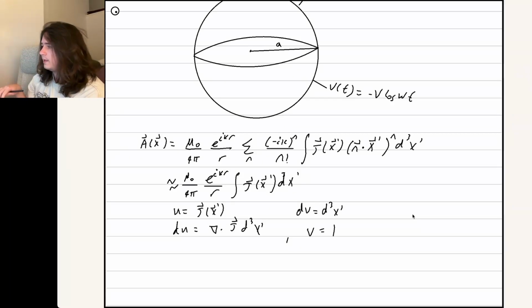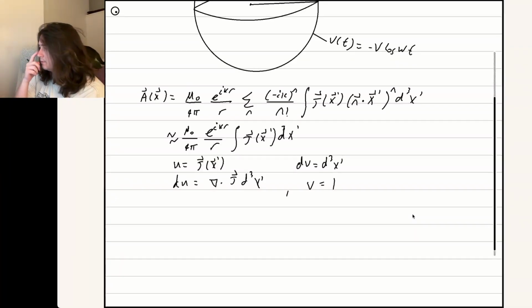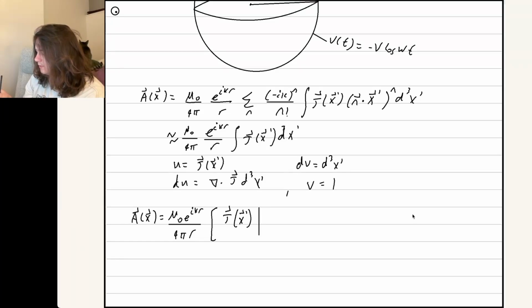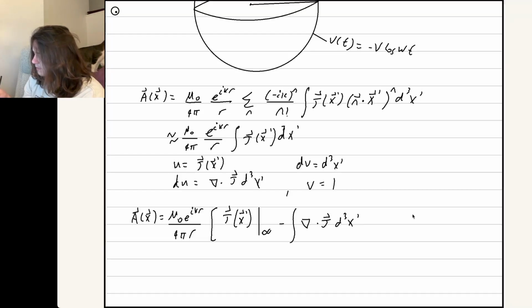Writing in the substitution, A is equal to, combining the constants out front into one term, mu naught e to the i k r over 4 pi r, times uv, which is j of x prime evaluated at infinity, minus the integral of the divergence of the current density with respect to dx prime.